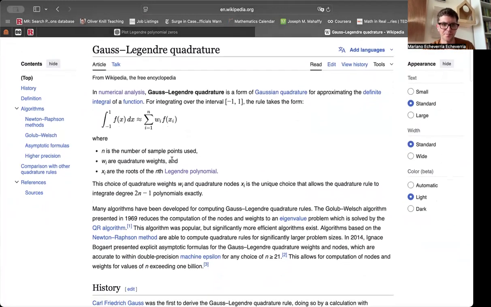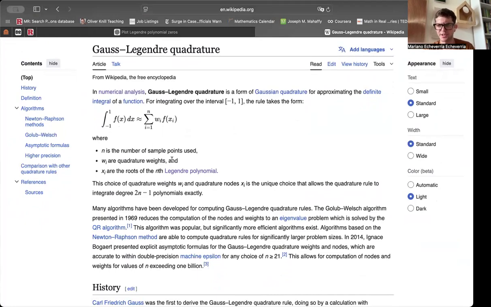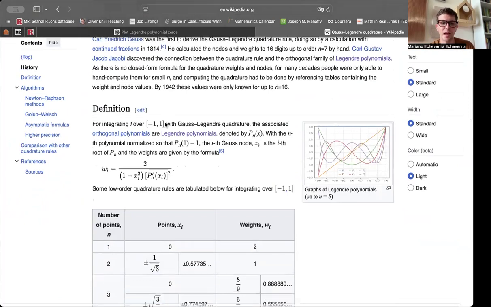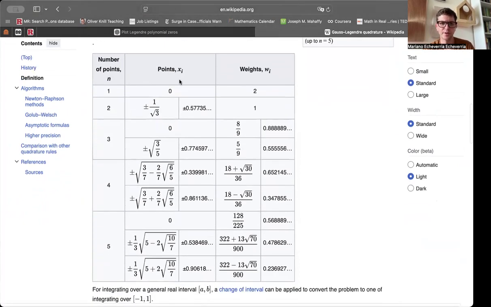They just have a different convention because I'm starting the sum at 0, but that doesn't matter too much. It's the same structure, and here the points refer to the roots of the polynomial, and the weight refers to the corresponding value for the integral associated to the root when you do the Lagrange interpolation.